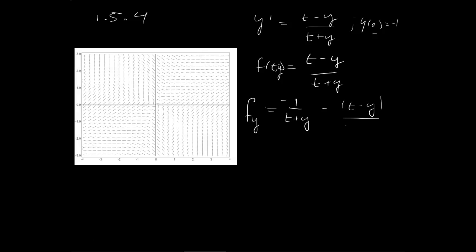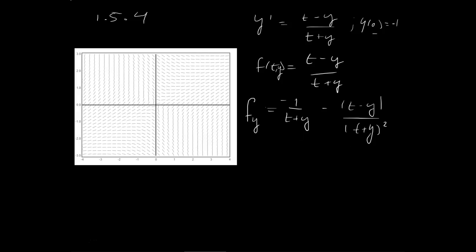You could also use the quotient formula if you want. For some reason, I just always like to do it as a product rule. The biggest thing we're looking for, we don't actually care too much about the specifics of this derivative, except that we still have t plus y down below.